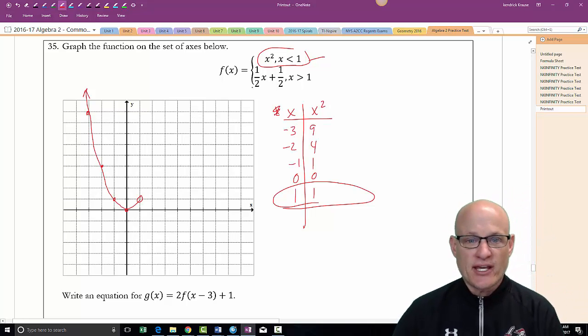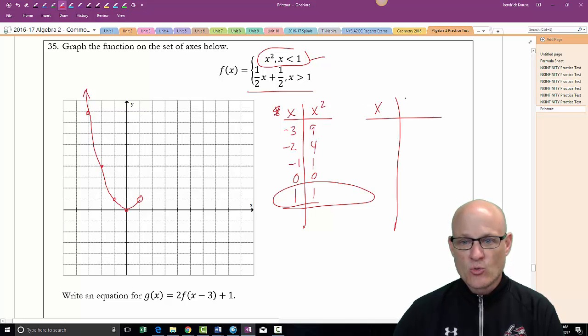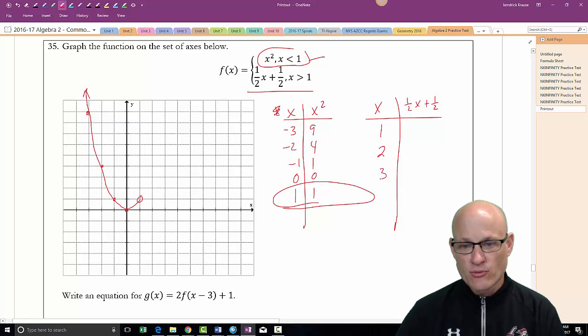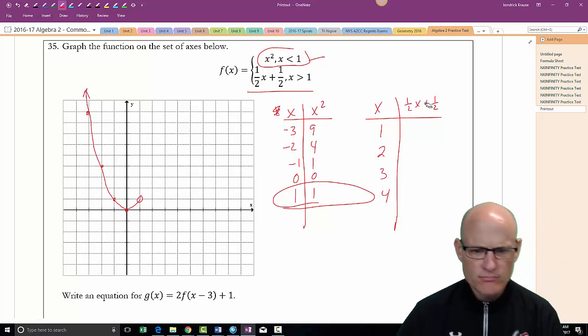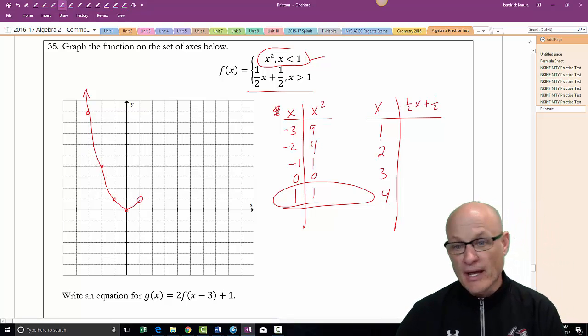Now this is a linear function. So this is going to be x and 1/2 x plus 1/2. This is for x greater than 1. Since these are all halves, I'm not really happy about this.